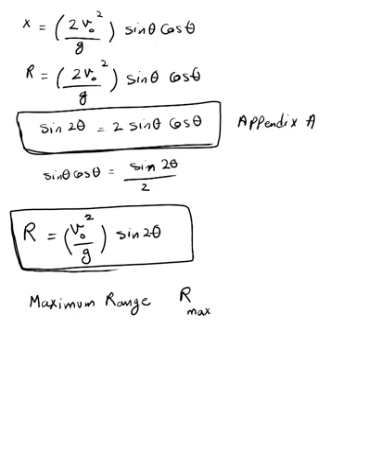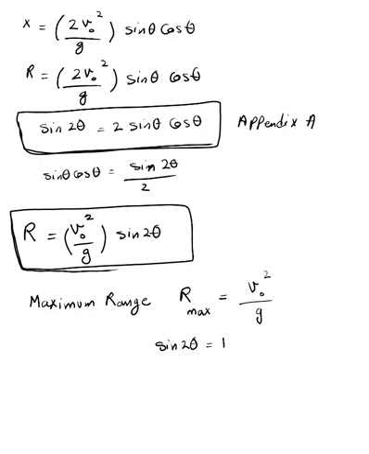So obviously R max happens to be v naught squared divided by g when sine 2 theta is equal to 1, right? The greatest value that a sine can ever have is positive 1, and the minimum that it can have is negative 1.